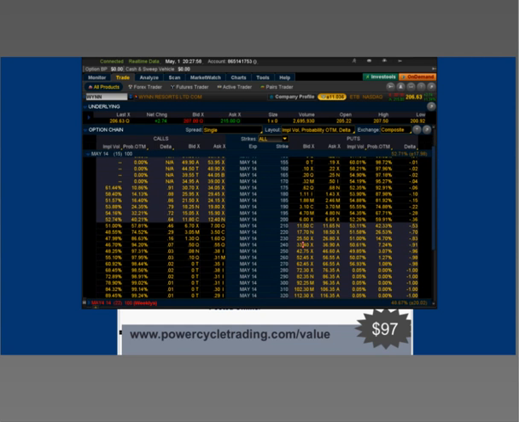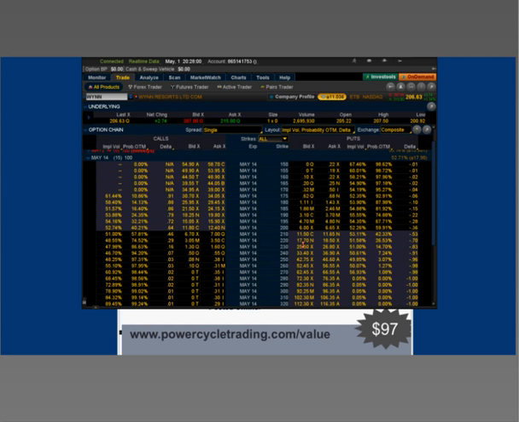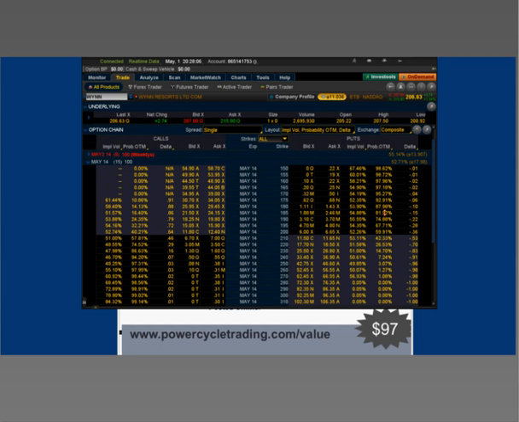Now you have to understand that with a credit spread, you might think the risk reward is not worth it, but what you have to understand is that as soon as you put that credit spread on, if you're selling something like here, this is a 1.5 standard deviation out of the money, and if you sold that 185 put and did a spread, there's only an 81% chance of this thing being at $185 in 15 days.